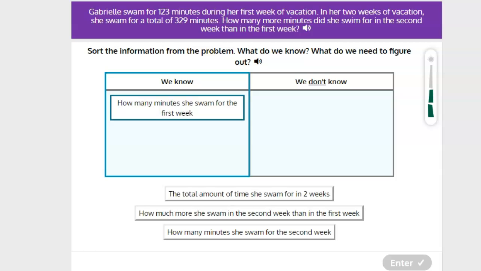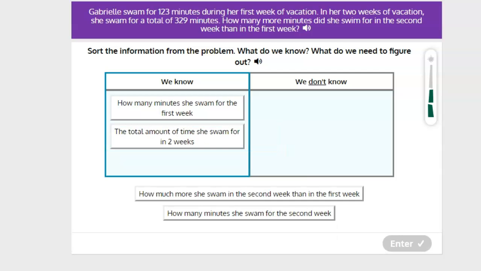Yes, we know that information as well. In the story it says in her 2 weeks of vacation, she swam for a total of 329 minutes. Do we know how much more she swam in the second week than in the first week? No, we don't. That is actually the big question we're asking at the end.